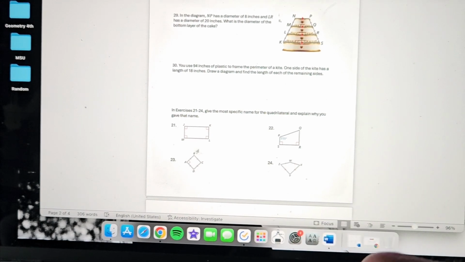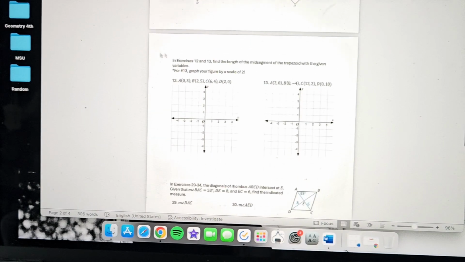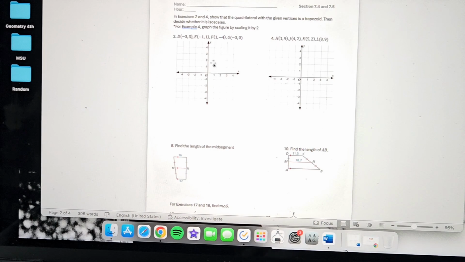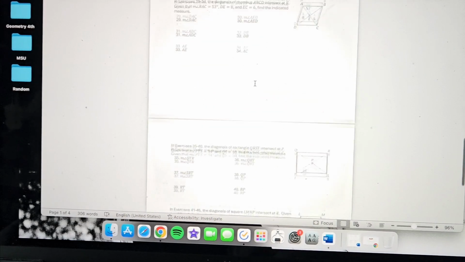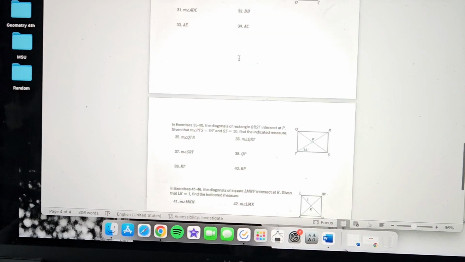I want the most specific shape that you can name it. And I have some graphing mid-segment ones down here. This one was what we did at the start of trapezoids, where I just figure out if it's isosceles or not. And then I have you guys working a lot with rhombuses, rectangles, and squares still.